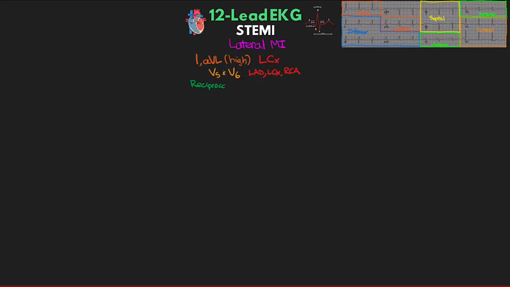Reciprocal changes from the high lateral region are seen in the inferior leads, so 2, 3, and AVF. A lateral wall MI can occur by itself, but it's also commonly seen in combination with other regions such as anterolateral, anteroseptal with lateral extension, as well as inferolateral, just to name a few.